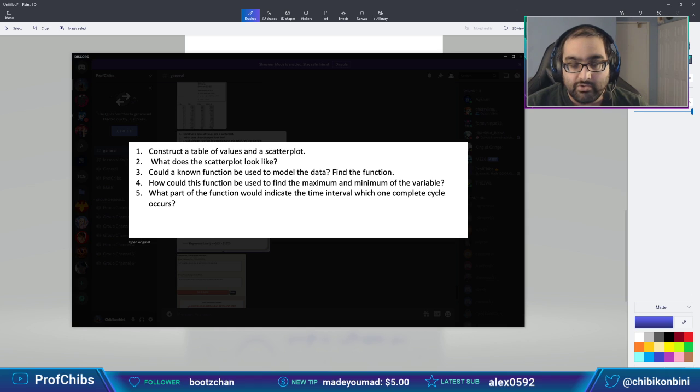So you could use a calculator to find the local max or min of a function, or you can use, what's that called again? Not roots. There's another way to find that there.